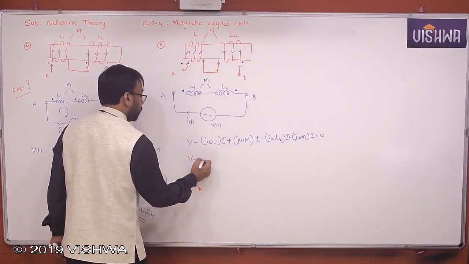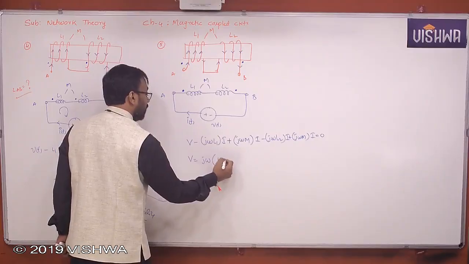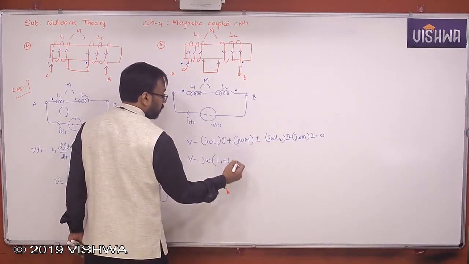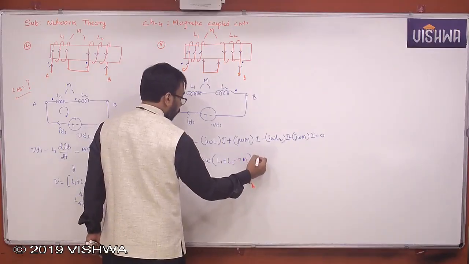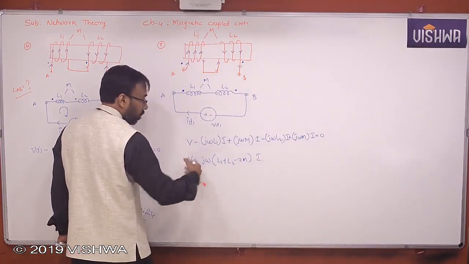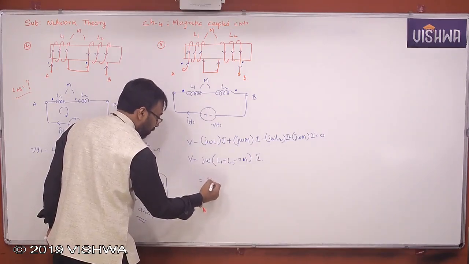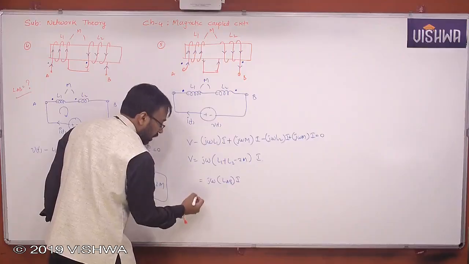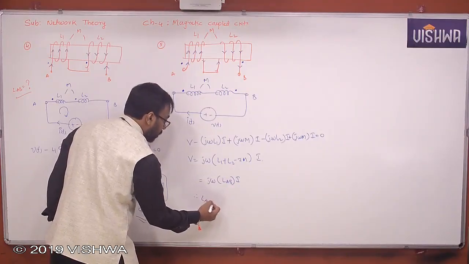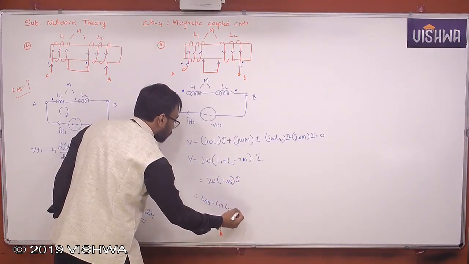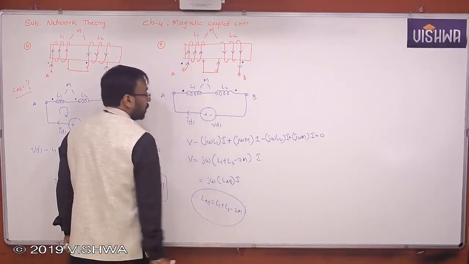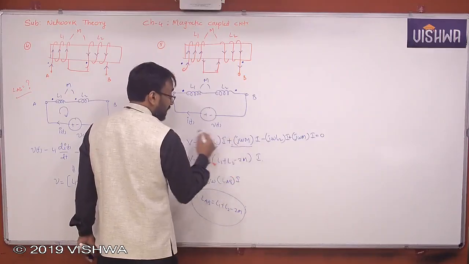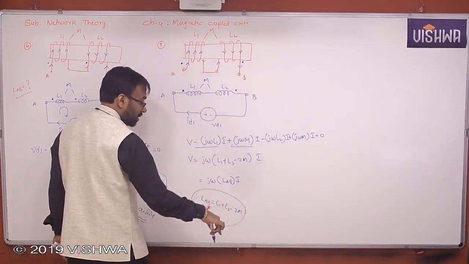So V is equal to j omega of L1 plus L2 minus 2M into I. So according to the Volt-Amp method, this is nothing but LAB into I. Then LAB is nothing but L1 plus L2 minus 2M. This is minus, this is plus. Self minus mutual plus. That means net EMF decreased, net flux got decreased.